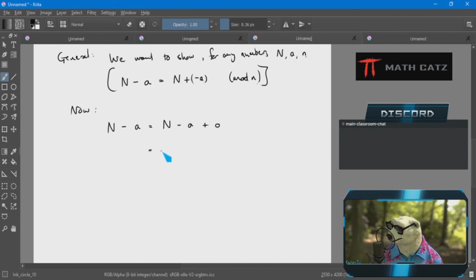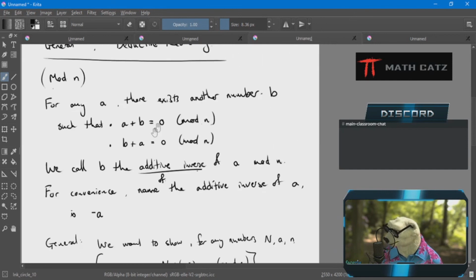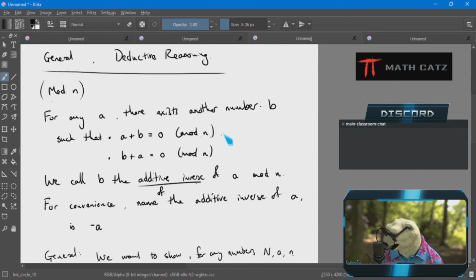But now I'm going to use the fact that 0 is what I get when I add a number to its additive inverse. I called it B, but we've now updated the name to negative A. So A plus negative A is always going to be 0.